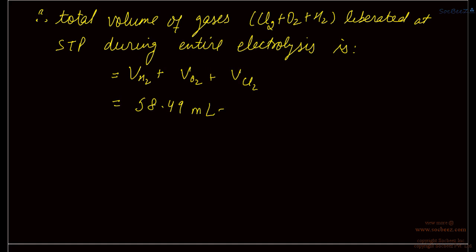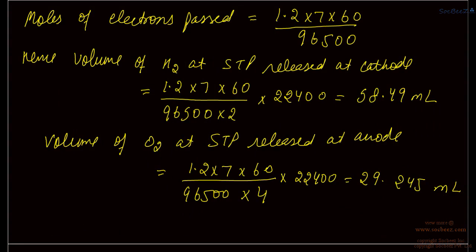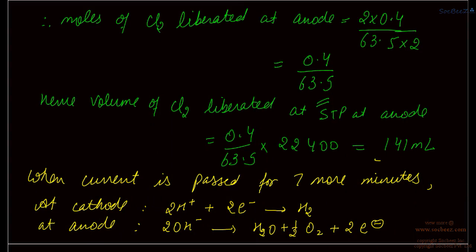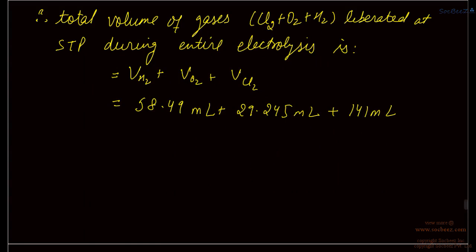It comes out to be 58.49 milliliter plus 29.245 milliliter plus 141 milliliter, because volume of O2 released is 29.245 milliliter, volume of H2 at STP released is 58.49 milliliter, and volume of Cl2 is 141 milliliter. So therefore total volume equals 228.735 milliliter.